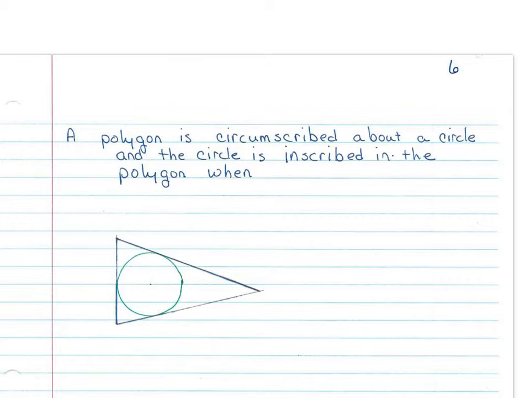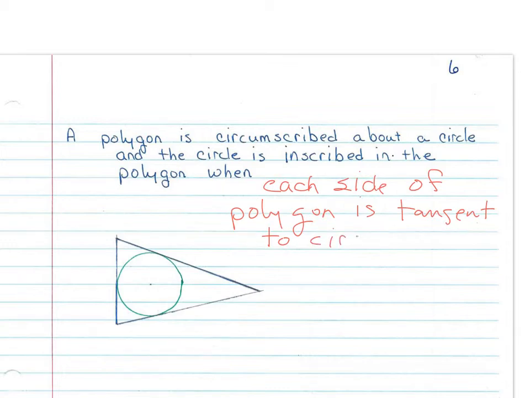Okay, here we have a circle that is inscribed in a polygon. We say that the polygon is circumscribed around a circle, and the circle is inscribed in the polygon, when each side of the polygon is tangent to the circle.